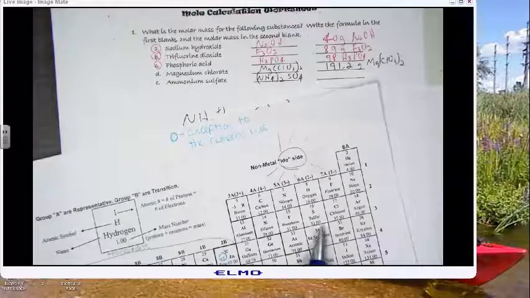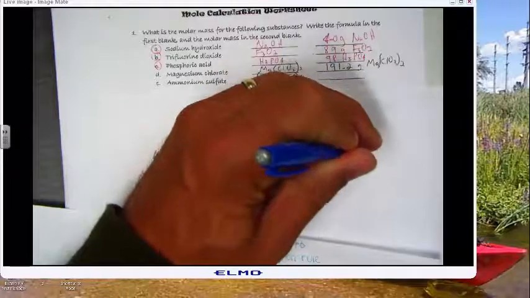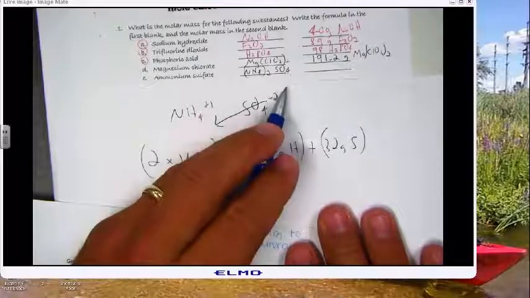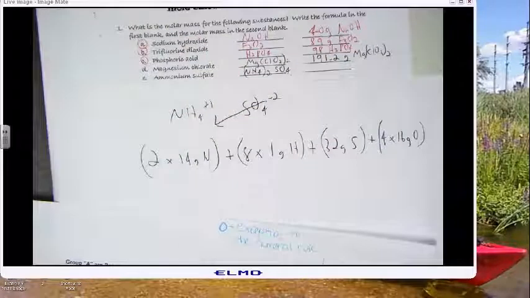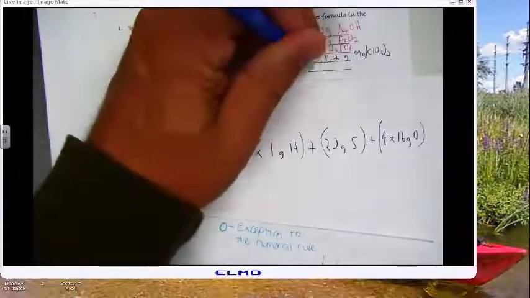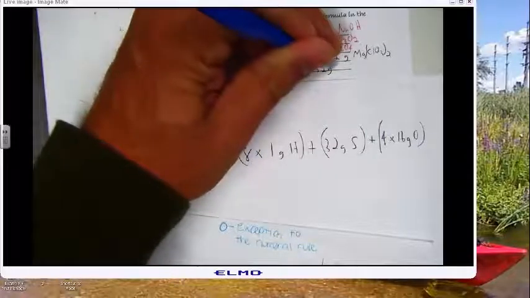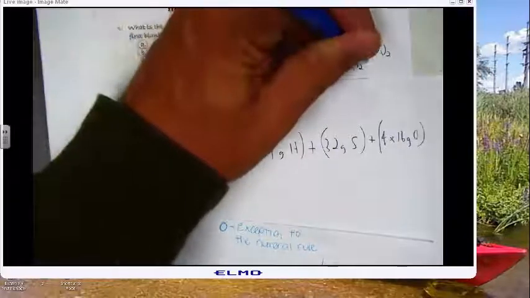Sulfur is 32 grams. There's only 1 of those. And finally, oxygens are involved, and there are 4 of those. 4 times 16 grams of oxygen. If you add them into your calculator, you will end up with 132 grams NH4 taken twice, SO4.